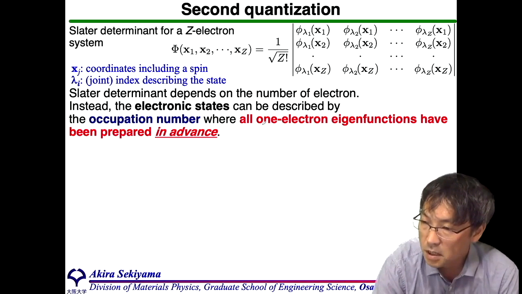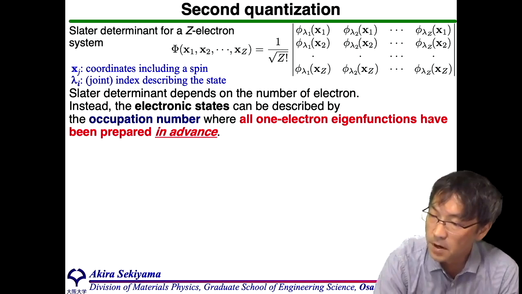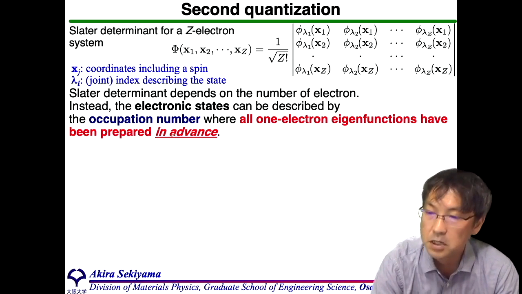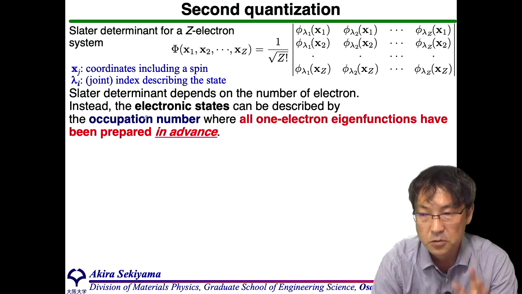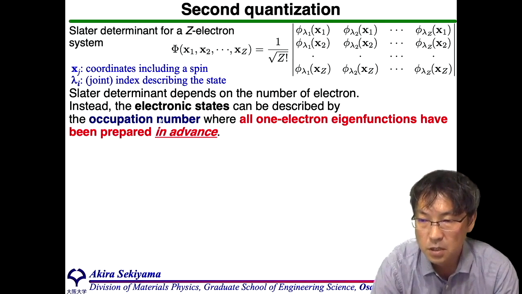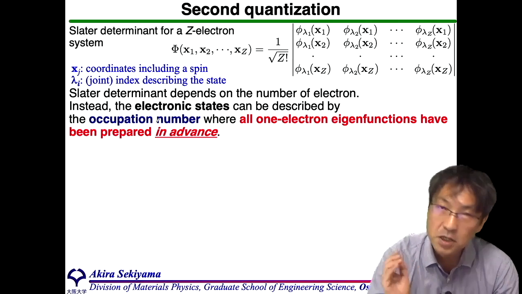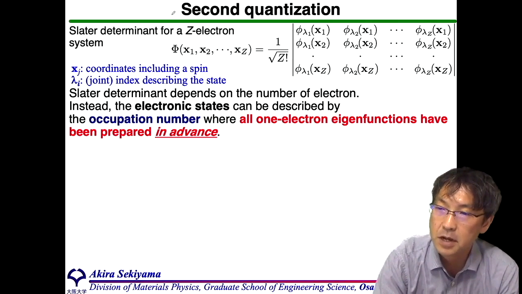So all such one-electron wave functions have been prepared in advance. Then we set the electronic state by using the occupation number. So this is the idea of the second quantization.